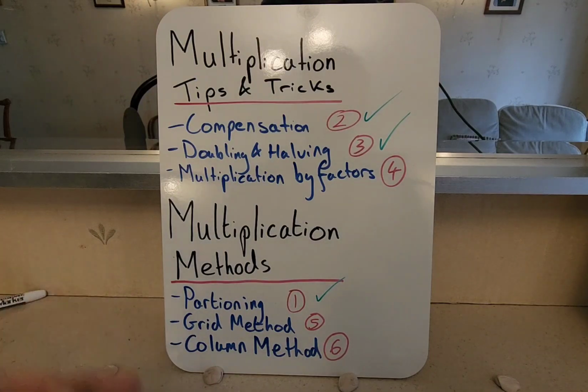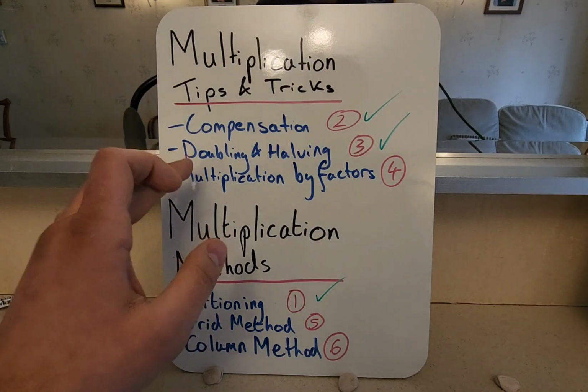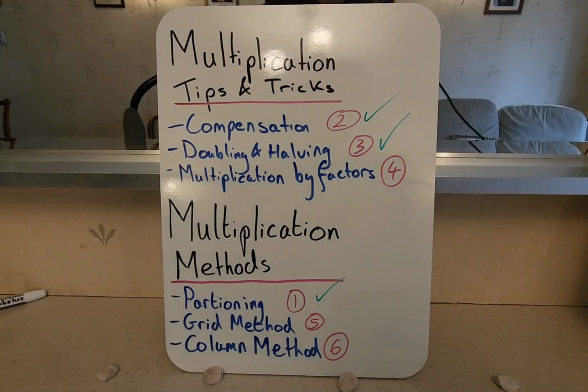Before I go, I just want to point out that I think the next video might be a little bit quicker because partitioning was the method that I really wanted to dive into. I'm hoping some of you have got the hang of it and it's going to help you out in the future with your calculations. Grid method is similar, but multiplication by factors is really what you should be coming back for in the next video.